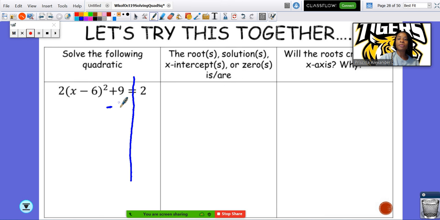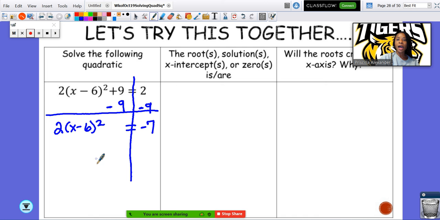Here I'm going to move this constant because that is adding, so I need to do the inverse operation, which is the additive inverse. This goes away, so we get equals 2 minus 9, which is negative 7.